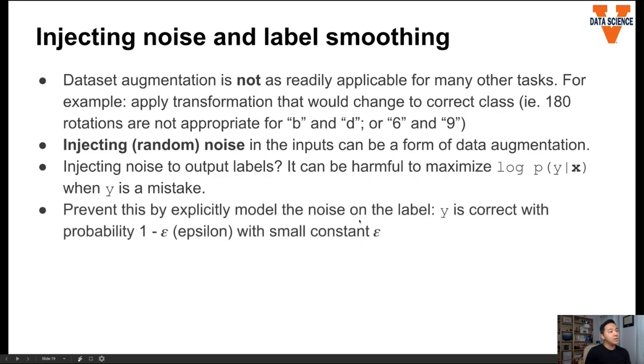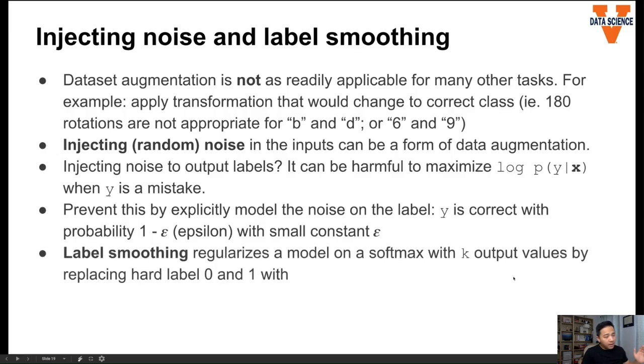Well, one way you can do this is, instead of directly changing the value, you say that y is correct with some probability 1 minus epsilon, where epsilon is a small value. So you change the label into a soft label. If you have a label of 1, you make it a high probability of being correct.